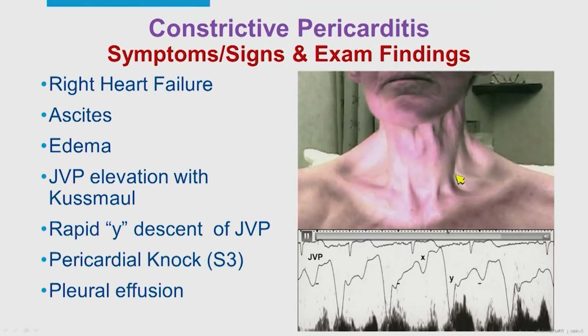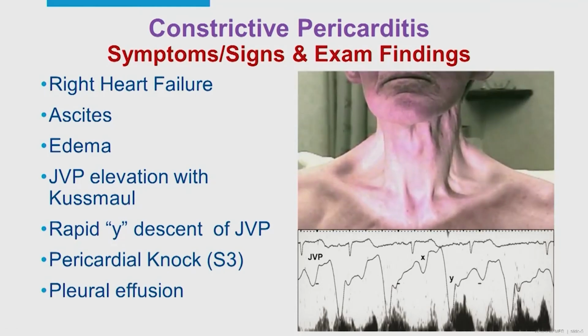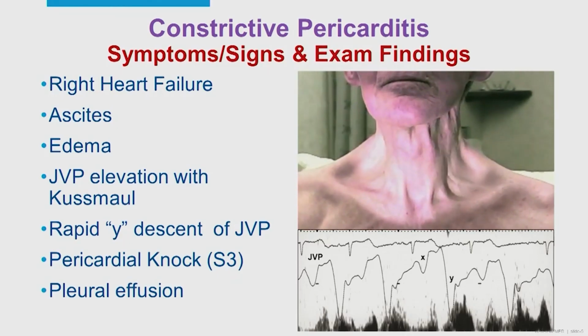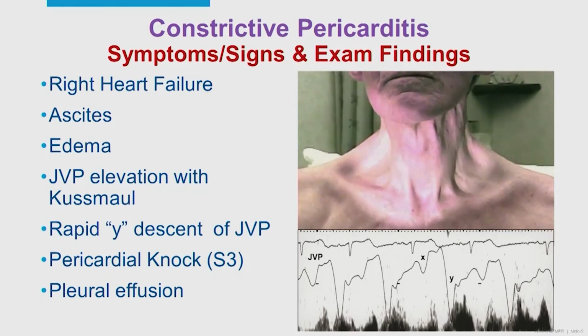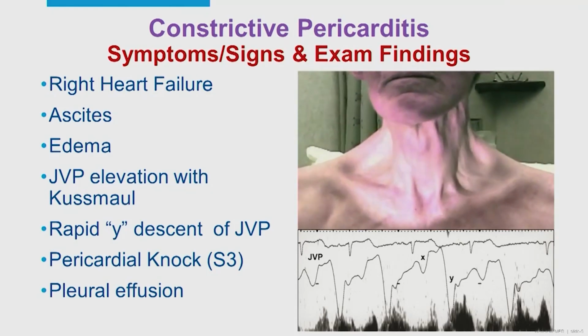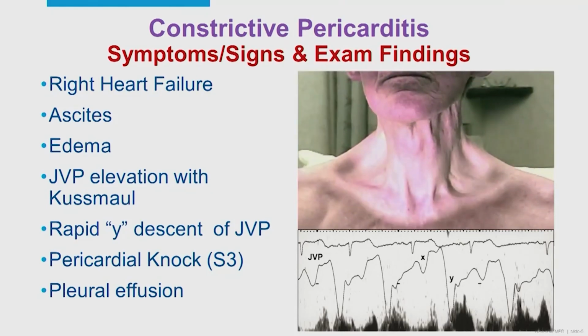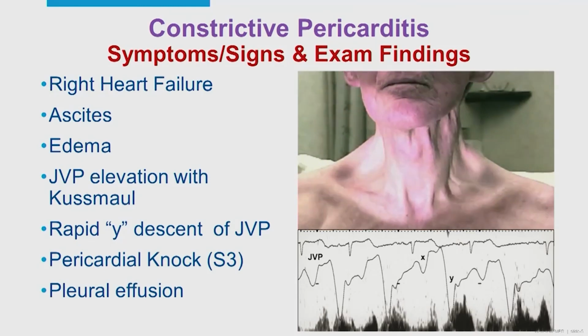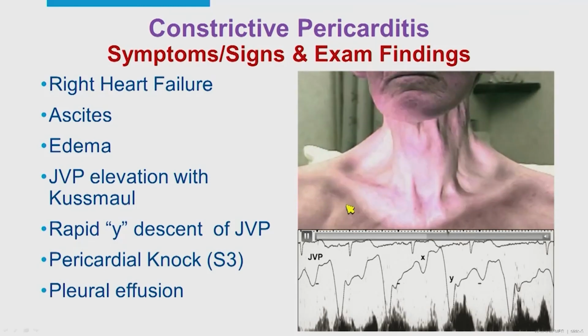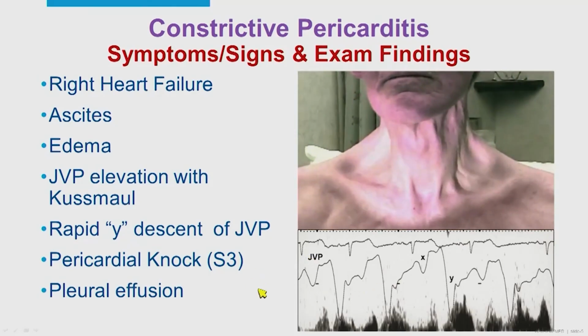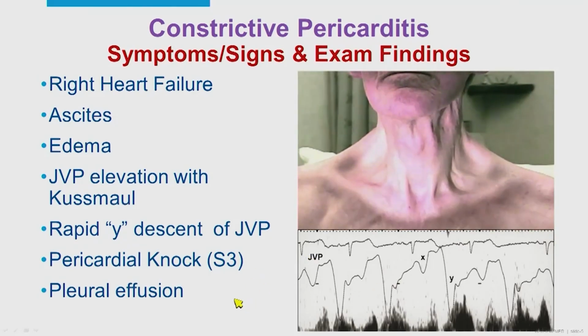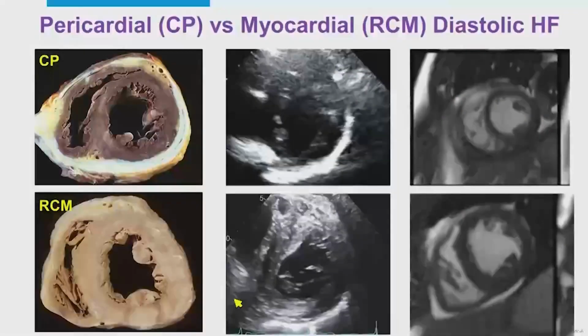Most patients do have elevation of jugular venous pressure with a Kussmaul sign, and in early diastole the Y descent is quite rapid because of the high right atrial pressure at the opening of the tricuspid valve, and that makes the third heart sound called pericardial knock. And also a subset of patients will present with pleural effusion.